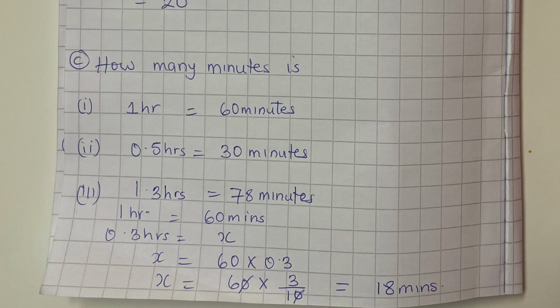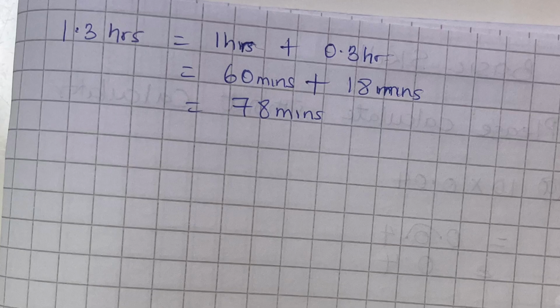As you can see how I did that. This part is showing how I separated the 1.3 hours into 1 hour and 0.3 hour. As we said before, 1 hour is 60 minutes and 0.3 hour is equal to 18 minutes. Basically just add them together and you get your answer. That is all. I hope you guys understand.